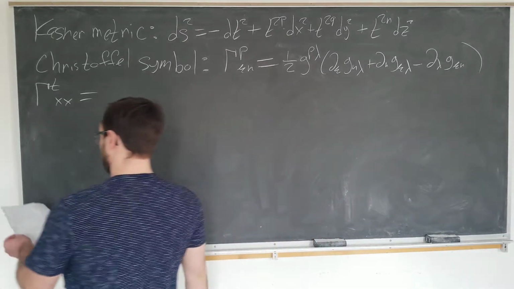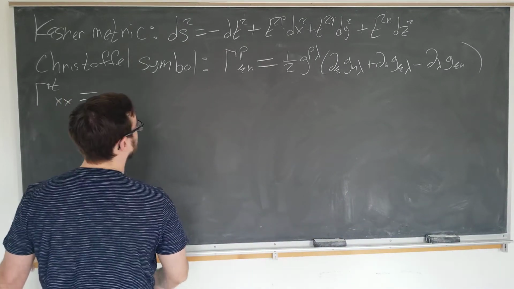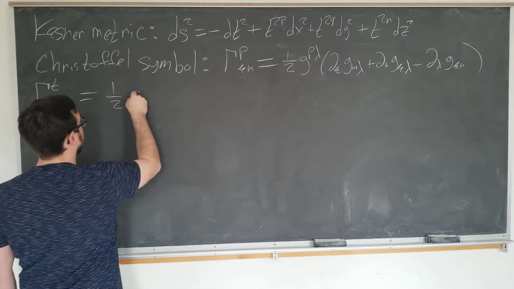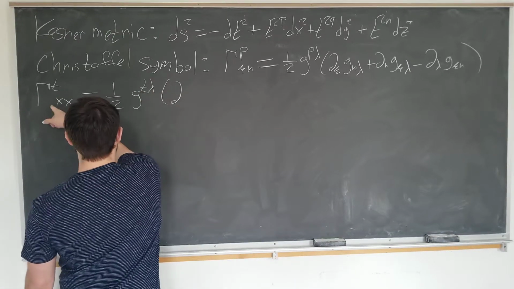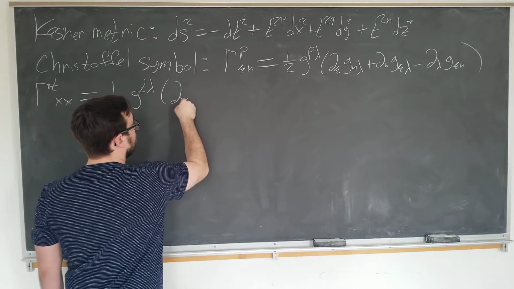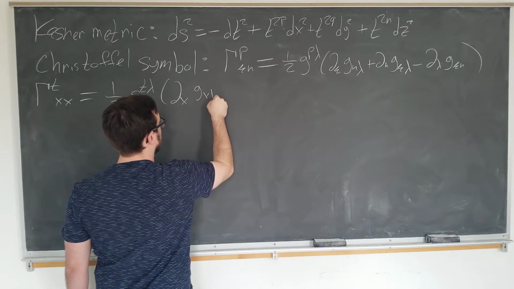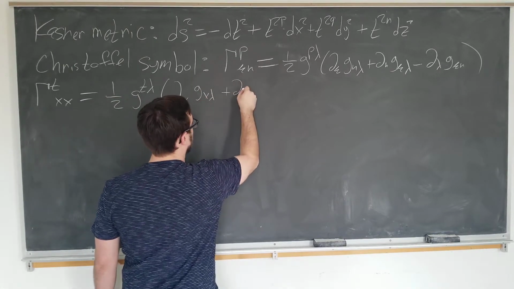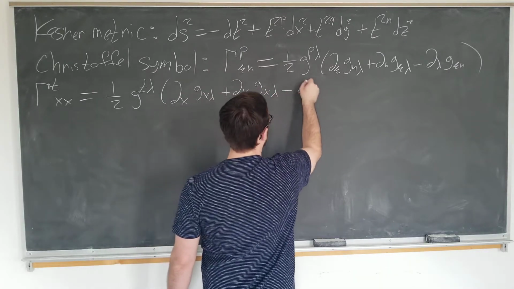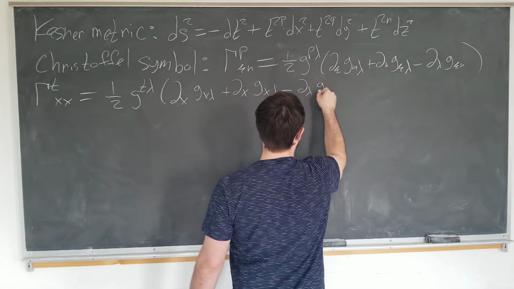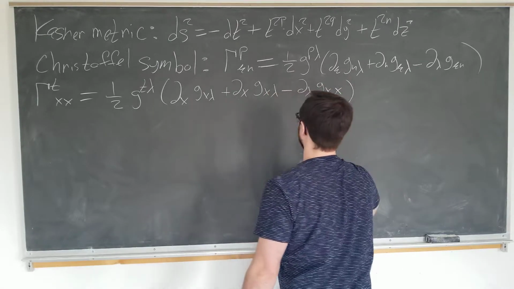Okay, gamma txx, first non-zero value is going to be 1/2 g t lambda, plug in x's on the bottom, d x g x lambda plus d x g x lambda minus d lambda g xx. Okay.